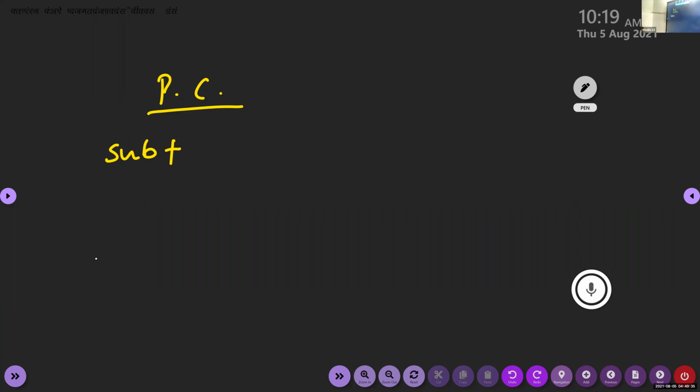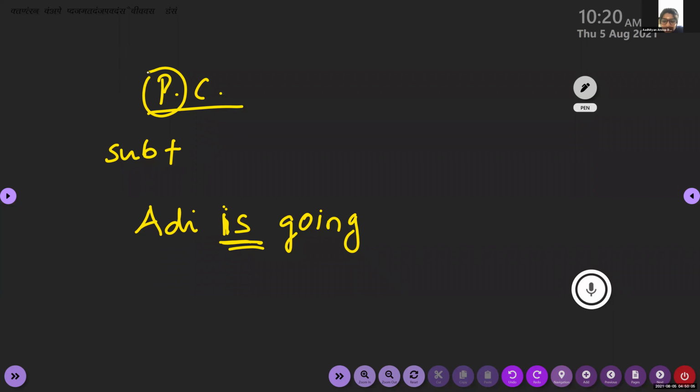Adityan, tell me the structure of the past continuous sentence. Adi is going. Okay, one second, Adityan. You have used is here. We are talking about past tense, right? Is is a past tense form of be?